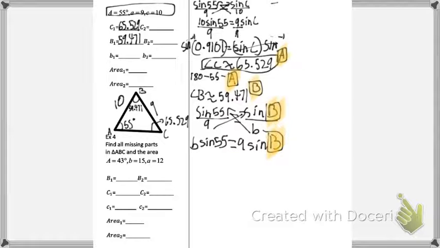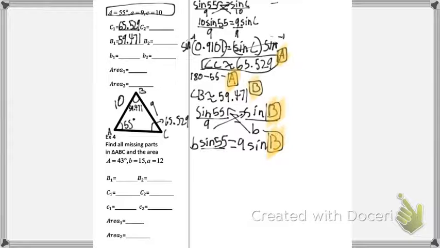Now let's divide 9 from both sides. Oh wait, hold on. Let's not divide 9, my bad.